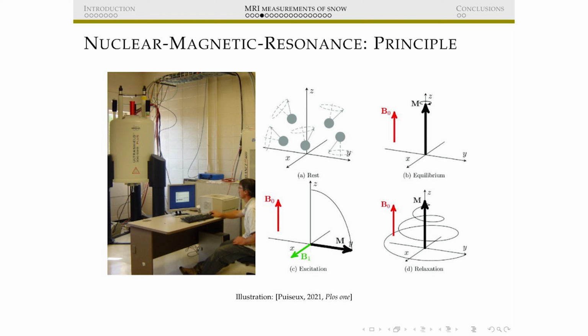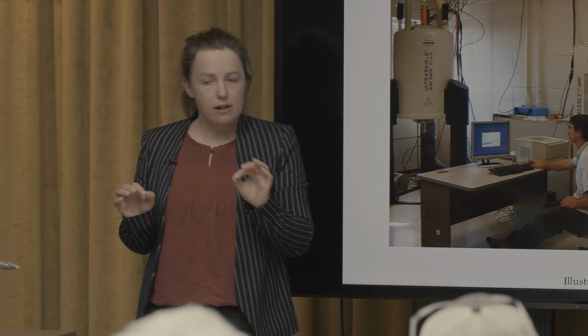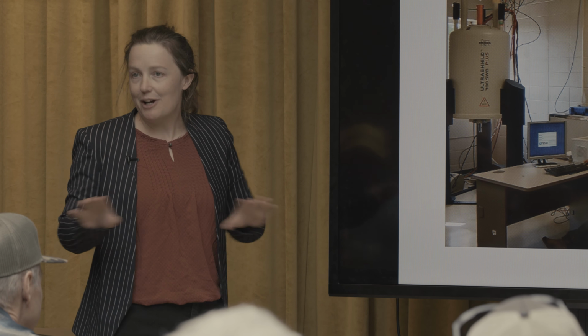So in our lab, it will look a little bit different, because our sample sizes are much smaller than the human body. But the main principle is that water has 2 protons, and each proton has a spin. So it has a quantum mechanical parameter that you can forget about.